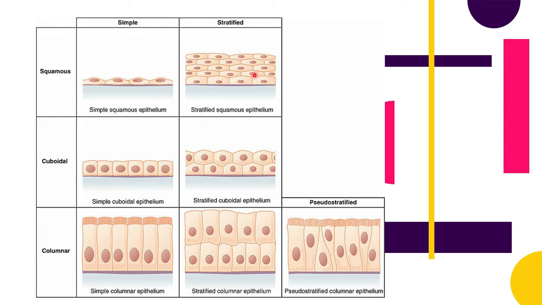It has several layers of epithelial cells. And squamous because its cell shapes are flat or plate-like. So, got it. Okay, it also applies to simple cuboidal, stratified cuboidal, simple columnar, stratified columnar, and pseudo-stratified columnar epithelium. So we will discuss each of these types of epithelial tissues.